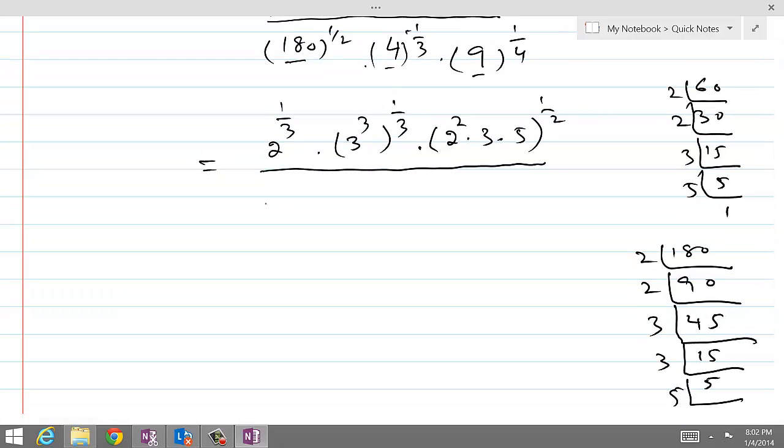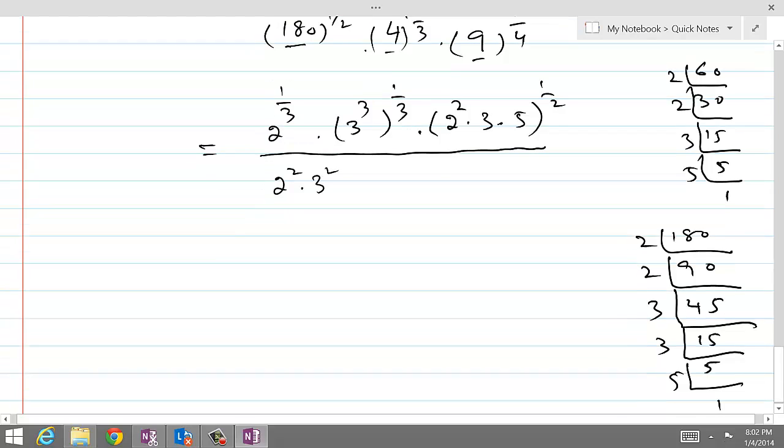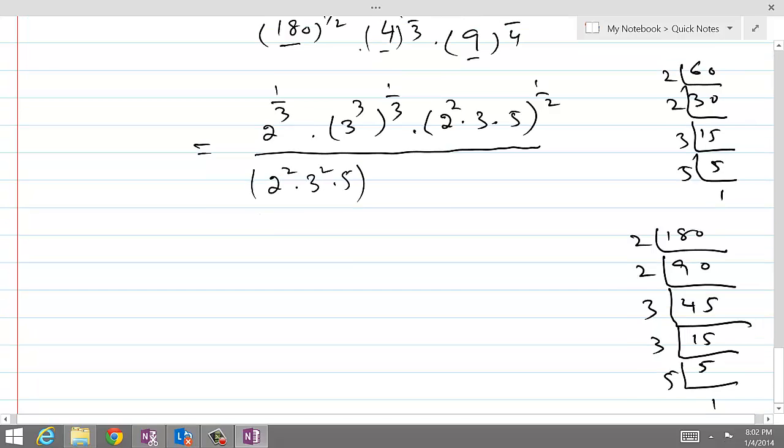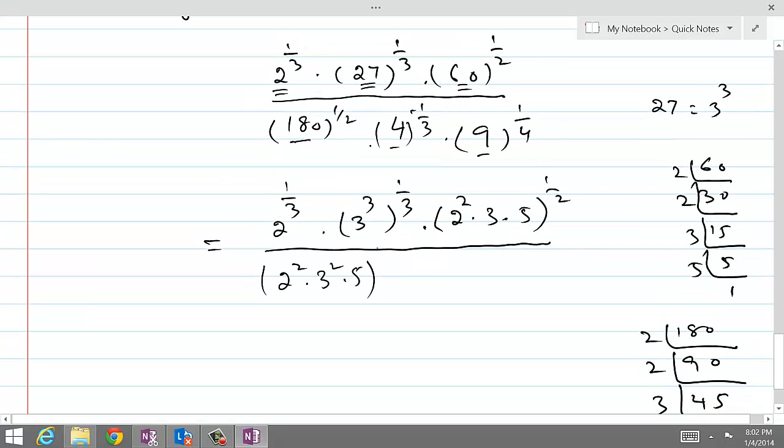So 180 will be 2 power 2, 3 power 2, and then 5, power 1 over 2. And 4 is 2 power 2, to the power minus 1 by 3, and 9 is 3 power 2, to the power 1 over 4.